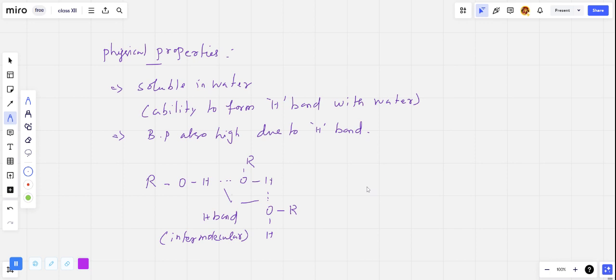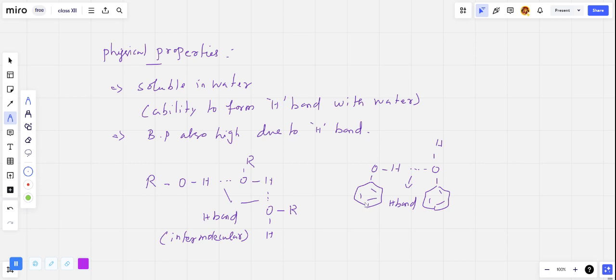If you take a phenol, with its OH, this is also an intermolecular H bond.